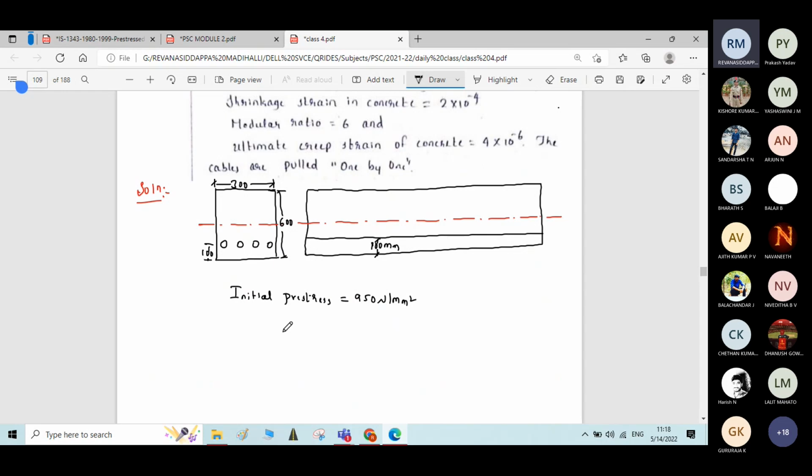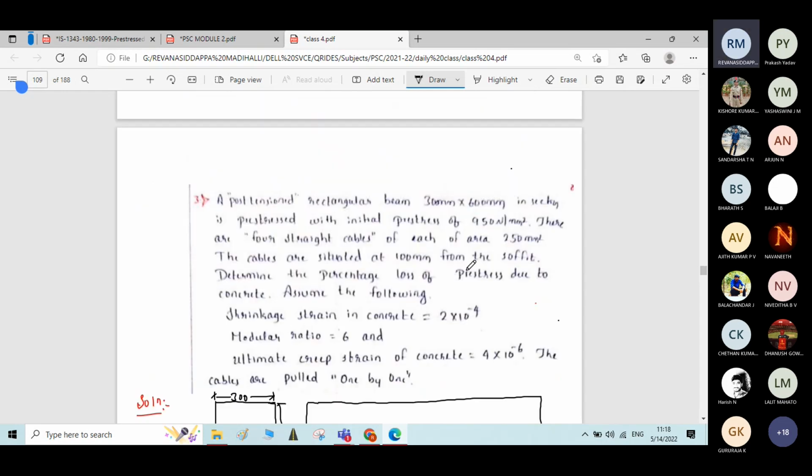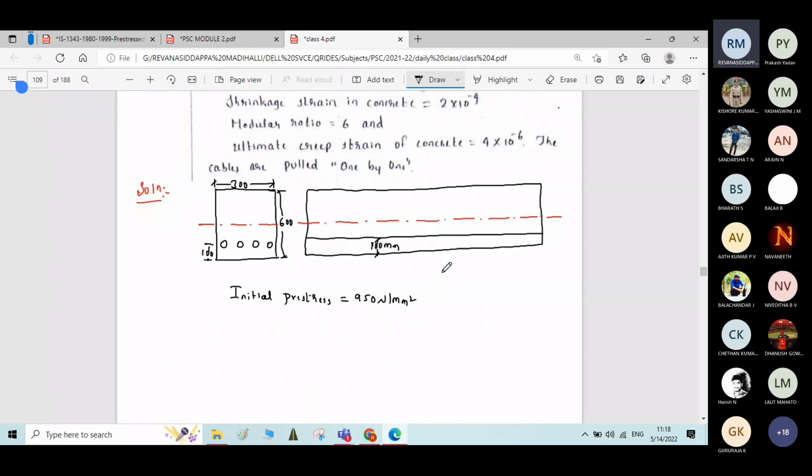And the area of each cable is given, of each area 250 mm square. Area of each cable is equal to 250 mm square.